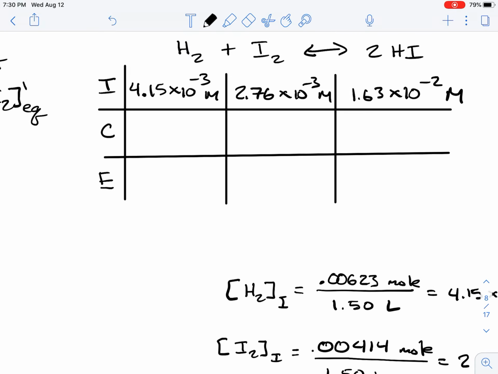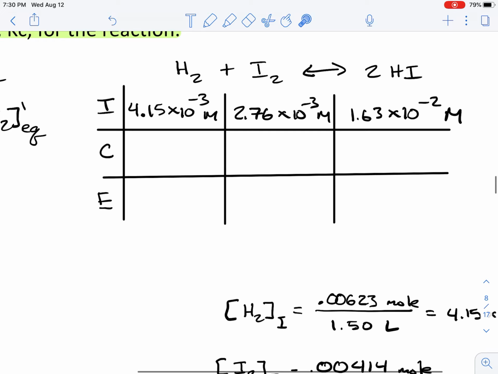So looking at our initial concentrations, I want you guys to notice that for this specific example, the amount of products that we have is much greater than the amount of reactants. If you guys are just talking about the numbers, times 10 to the negative 2 is bigger than times 10 to the negative 3.